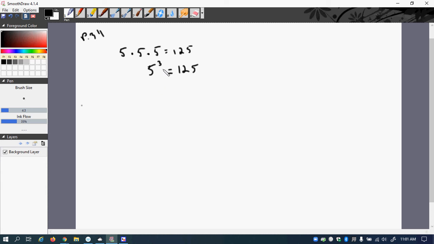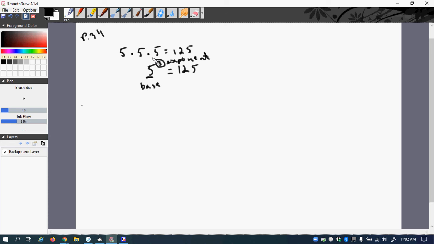So this is a shorter way of writing 5 times 5 times 5. We need to know that the 5 is what we call the base, and the 3 is called the exponent. That's the exponent, and it describes what is meant by 5 times 5 times 5.